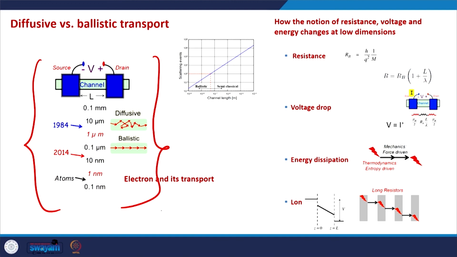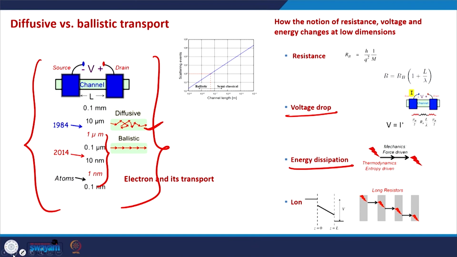Nowadays the devices are becoming extremely small, few tens of nanometers, and even some devices are nanostructures. Because of this scaling, the conventional theory of transport is not sufficient to explain and understand the electronic properties of these devices. They cannot explain the voltage drop in the devices, energy dissipation, IV characteristics, all the things essentially.